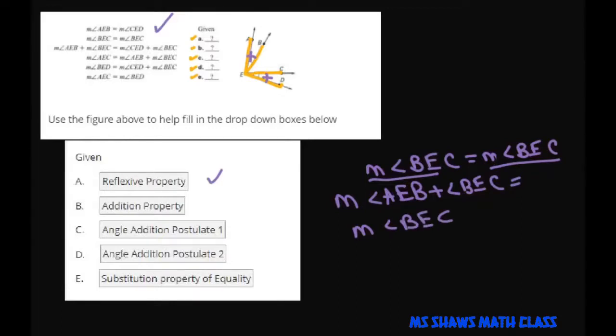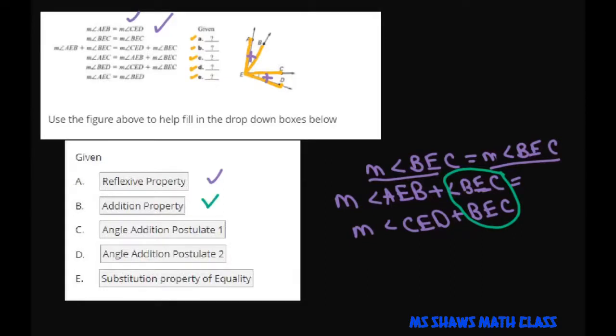I'm using this one. Not that one. I'm going to use CED plus BEC. Since these two are the same, the reflexive property, that means I can add them to both sides of the equation. So that's your addition property.